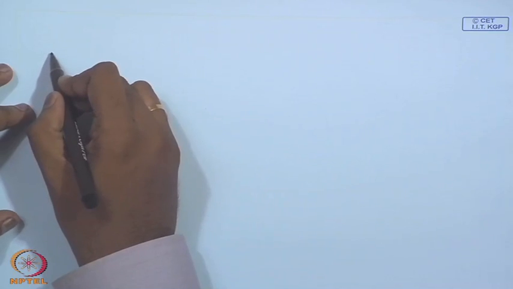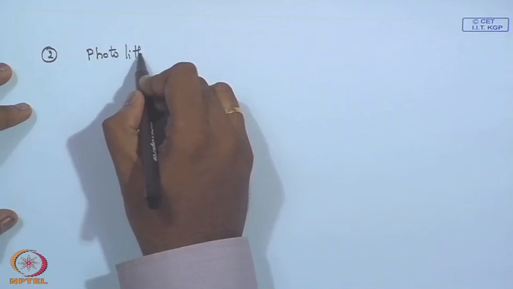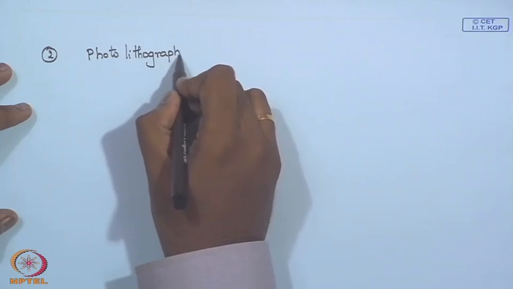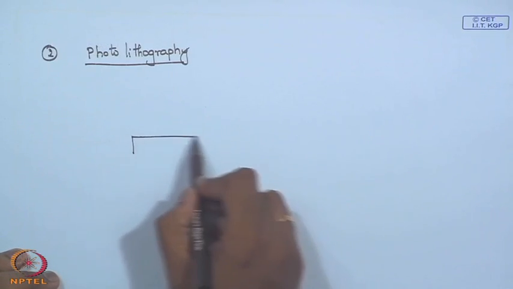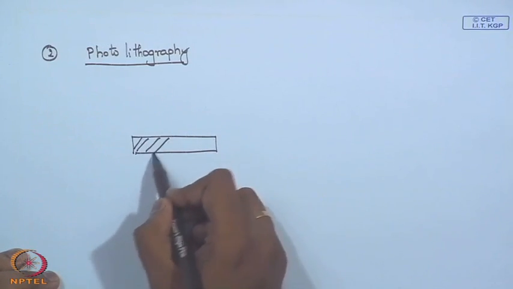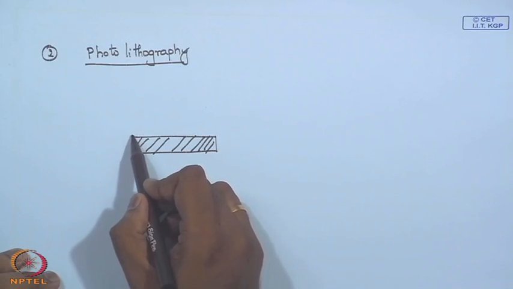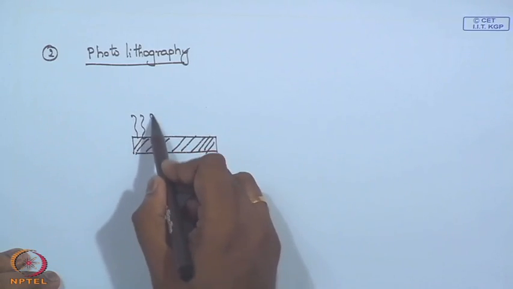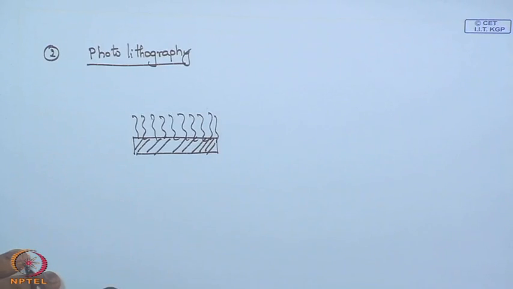Another area which I want to highlight, the second area which we will discuss, is photolithography. I know that you have heard about photolithography; it is like a stamping process. Normally you take a solid support, it can be silica or gold, and you take a thiol.